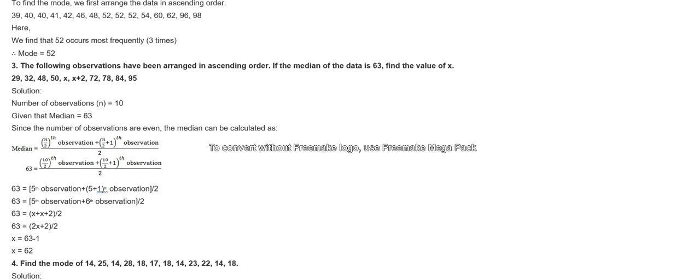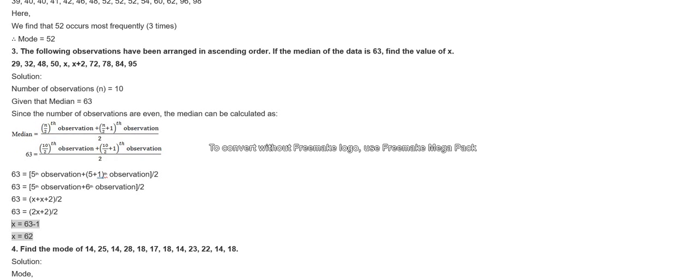So using this fifth and sixth observation, we are finding the unknown value, that is (x plus 2) upon 2. On solving this equation, we are finding the value of x is 62. Okay, because it is already given in the ascending order, we do not have to arrange. We just have to find the unknown values as solved here.